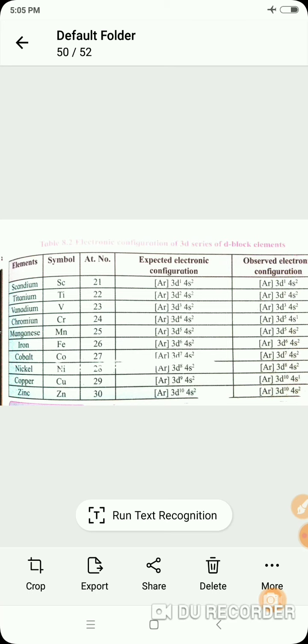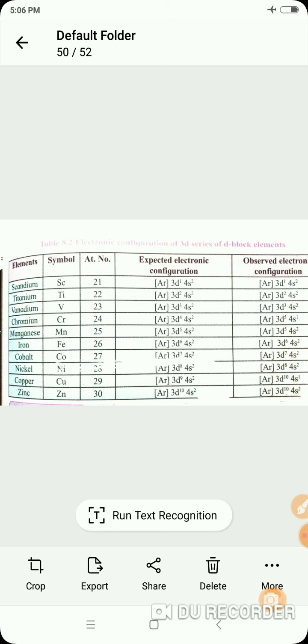These are the elements of the 3d series: scandium, titanium, vanadium, chromium, manganese, iron, cobalt, nickel, copper and zinc. These are the symbols, then the atomic numbers from 21 to 30. Then two types of electronic configuration are given here, the expected and the observed electronic configuration.